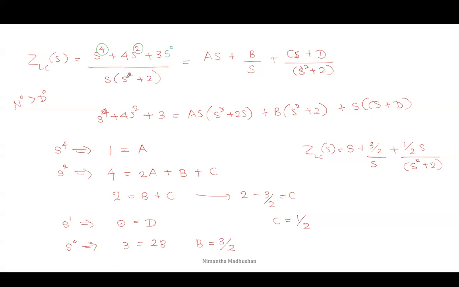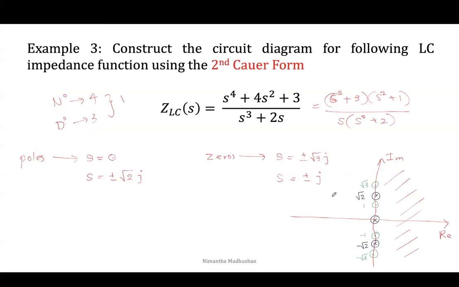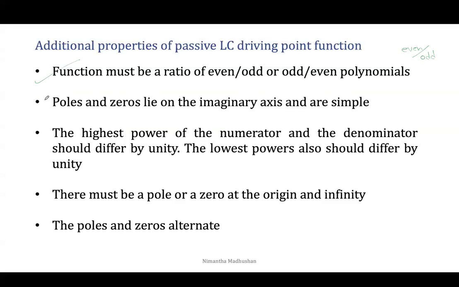And from the denominator, s to the power 3 and s to the power 1 are odd terms. Then the function is even over odd, so this one is satisfied. And the second one is poles and zeros lie on the imaginary axis and are simple. You can see all the poles and zeros lie on the imaginary axis and all are simple. There are no complex ones. Then the second property is also satisfied.